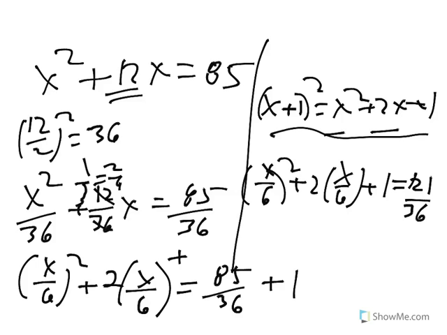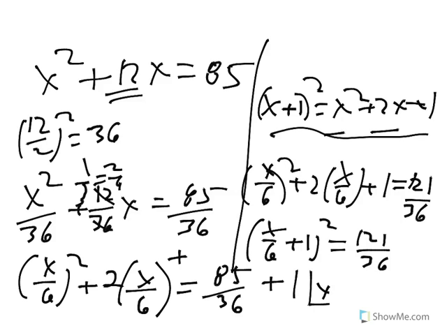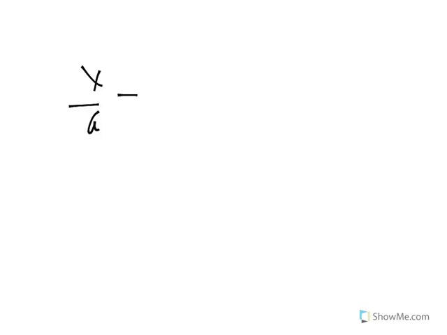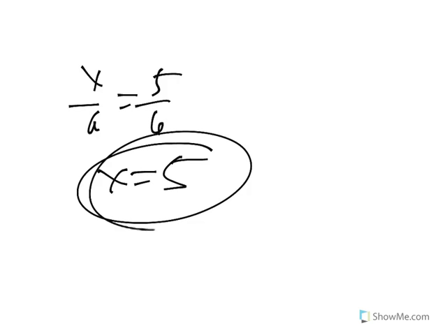This thing now factors to x over 6 plus 1 squared equals 121 over 36. Take the square root of both sides. x over 6 plus 1 equals 11 over 6. Then subtract 1 from both sides and get x over 6 equals 5 over 6, which means x equals 5.